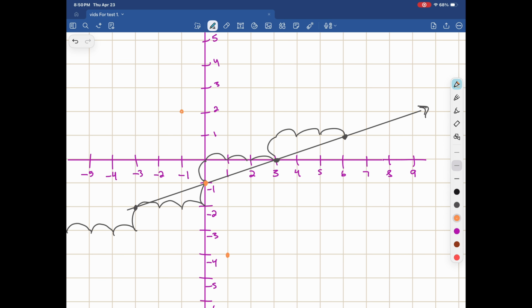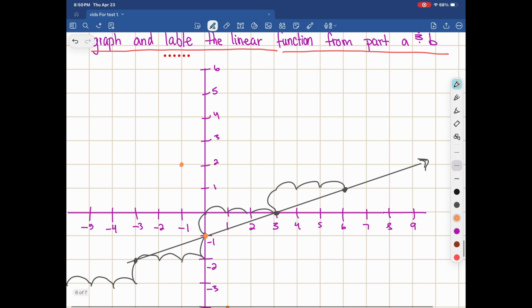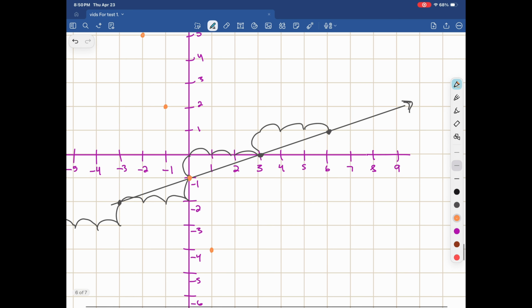So that's me counting it out. Beautiful. We did up 1 over left 3. So we just pick a value to go do the opposite in, right? So we're going left. We went up, so we decided to go 1 over.